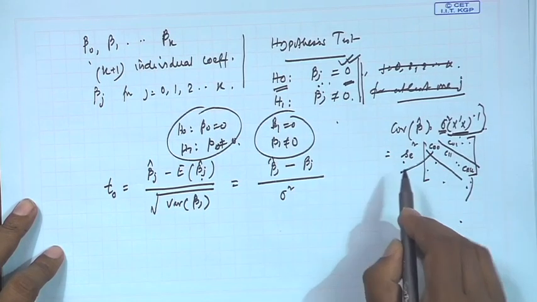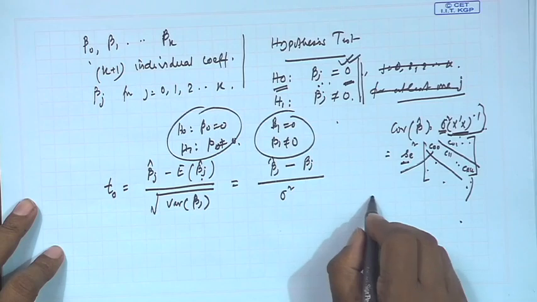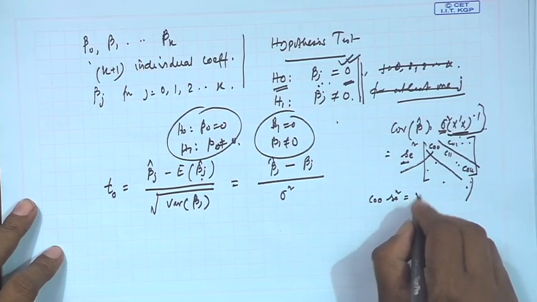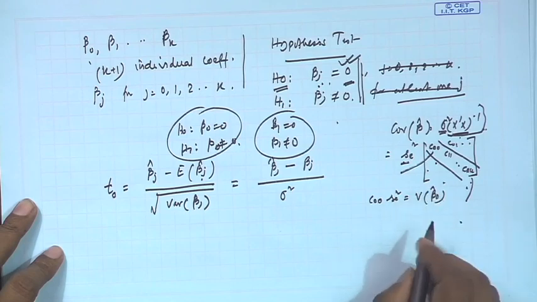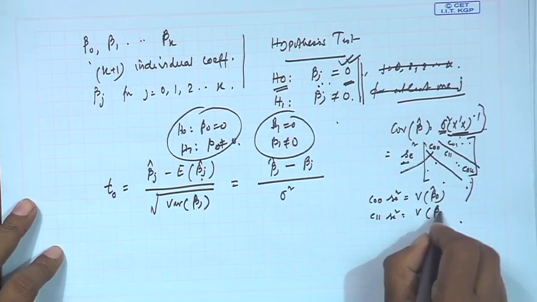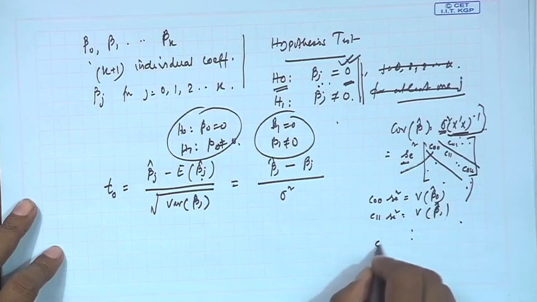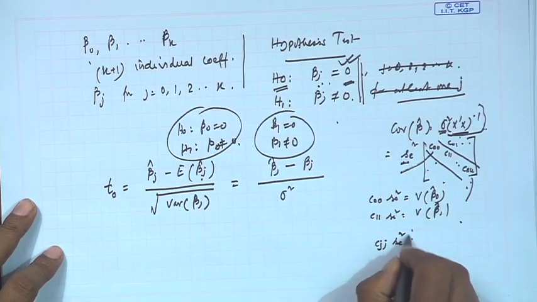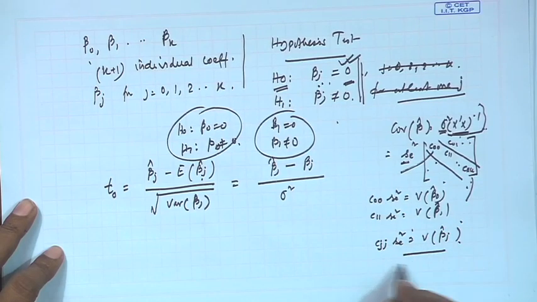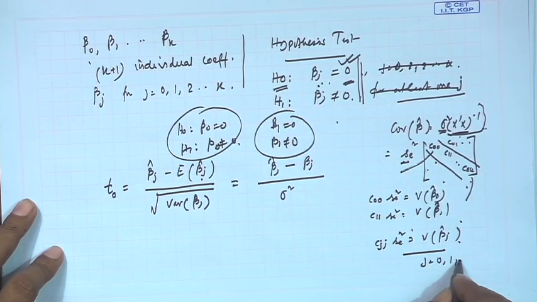So C 0 0 sigma cap square will be the variance of beta 0 cap. Similarly, C 1 1 sigma cap square will be the variance of beta 1 cap. Like this, C j j sigma cap square will be the variance of beta j cap, and j runs from 0 to k.